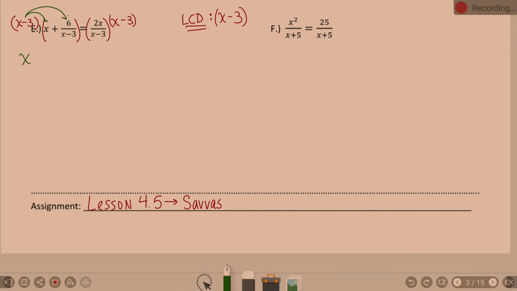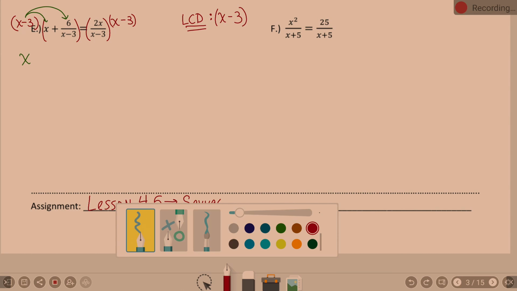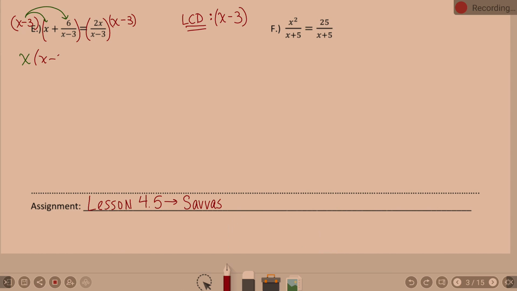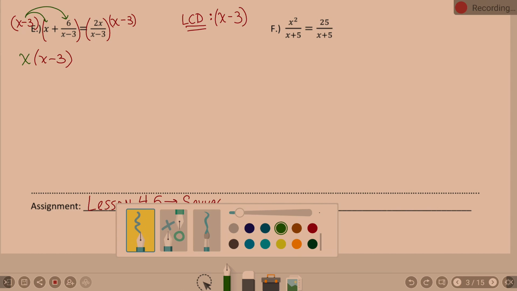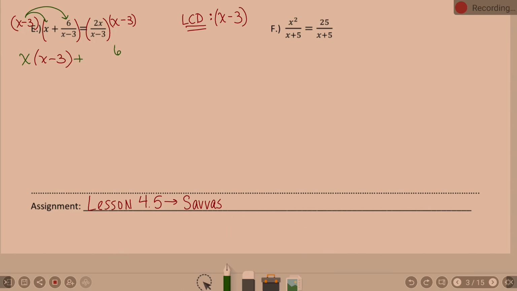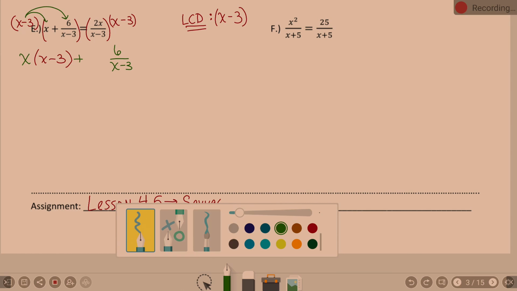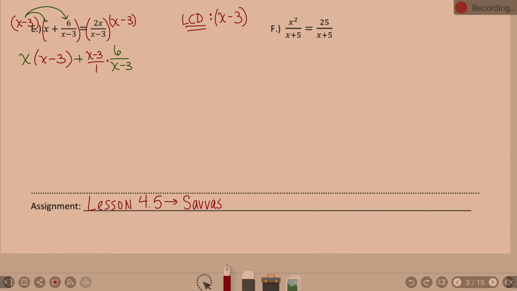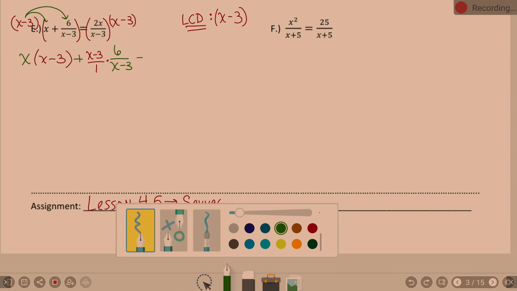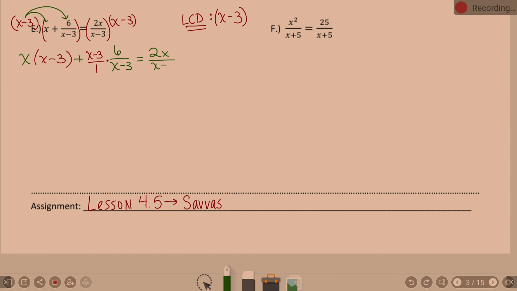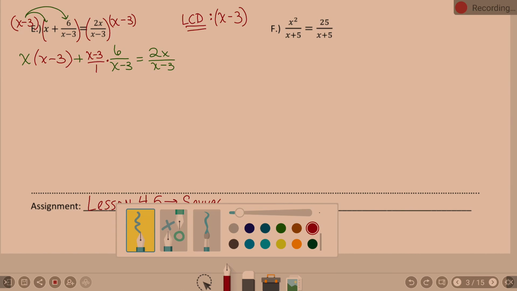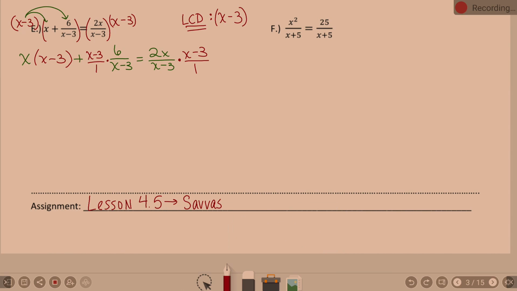So we're going to take x and multiply it by x minus 3, plus we're going to take the 6 over x minus 3 and multiply it by x minus 3, and equals, on the right side, we're going to take 2x over x minus 3 and multiply by x minus 3. So each term is multiplied by x minus 3.